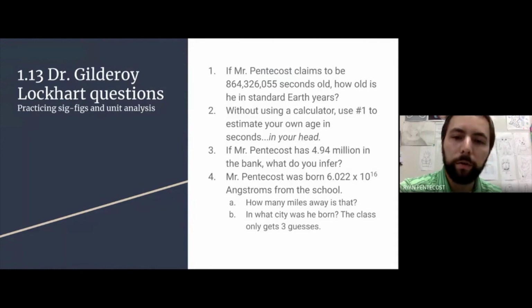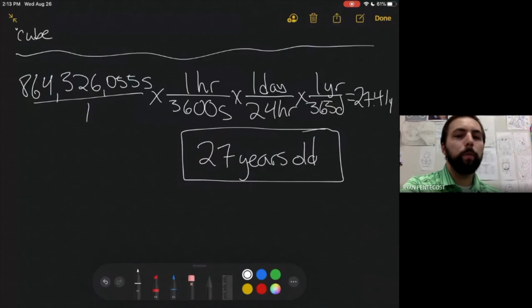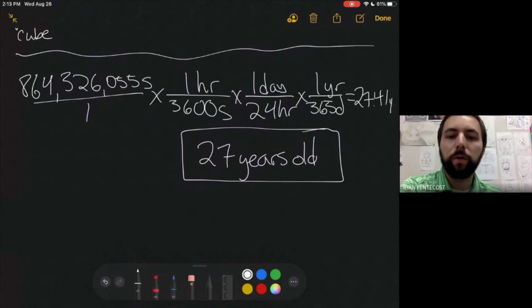Now, number 2, this is an exercise we use usually in class. Try to estimate in your head how many seconds old you are. And how you would do that is you would take your approximate age, multiply in your head by 365 and by 24 and by 3,600 to try and estimate your own age in seconds.